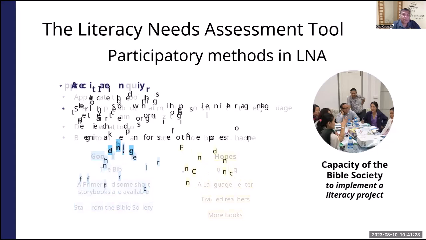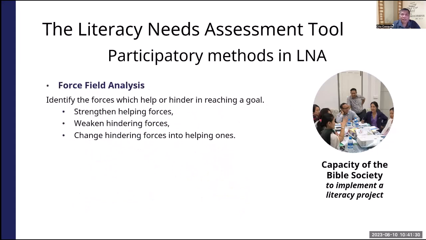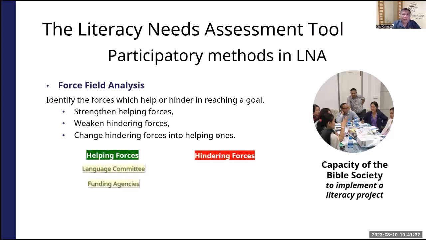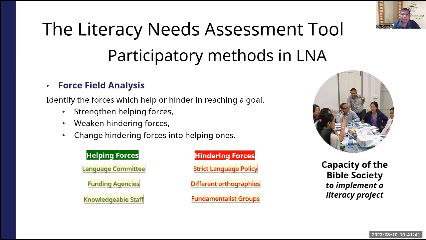And another example is the force field analysis. It helps a group to identify the forces which will help them or hinder them in reaching their goals. So we have the helping forces as well as the hindering forces. So for example, in a particular language community, they already have the language committee, they have funding agencies, and there are knowledgeable staff from the Bible Society or from a partner organization that can be helping forces for implementing a project.